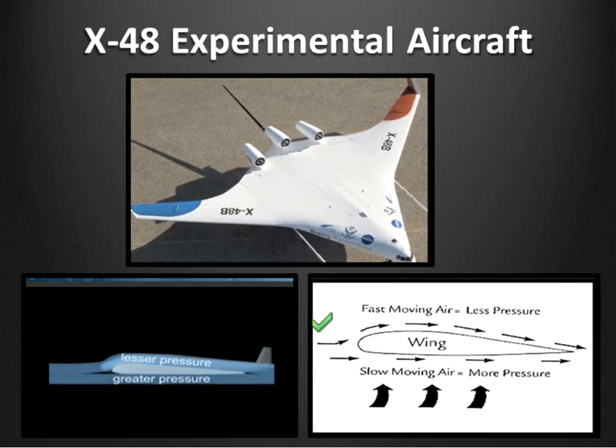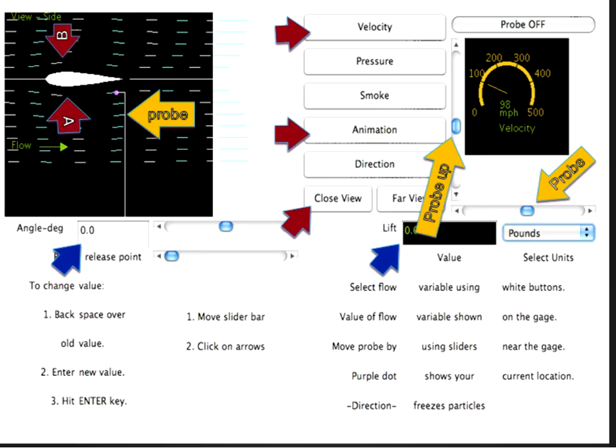Where I work, they have models that they test in the wind tunnels to see how the air flows over the wings and under the wings, and trying to figure out the best way, like I said earlier, to make sure it flies better and to check out the aerodynamics they need for this type of aircraft. So this could be something that you can get into, and like I say, there is a whole NASA Now classroom video on this, so you can find out more information about the X-48B.